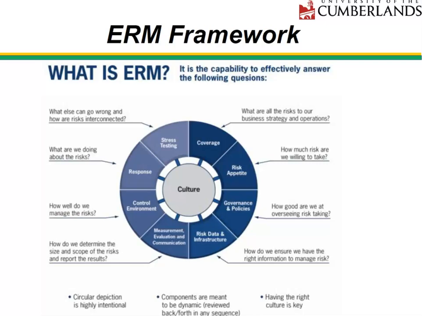Next, we look at risk data and infrastructure. How do we ensure that we have the right information to manage risk? At this point, we look at our data systems, analytics capabilities, and reporting infrastructure that supports risk management.